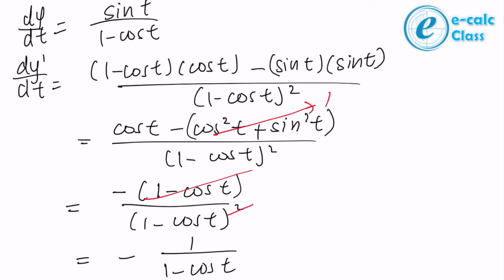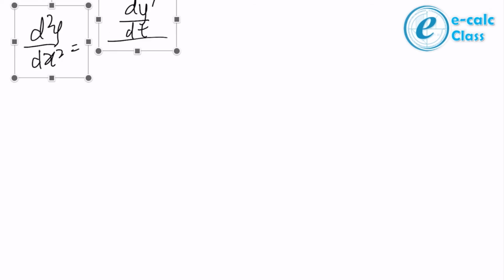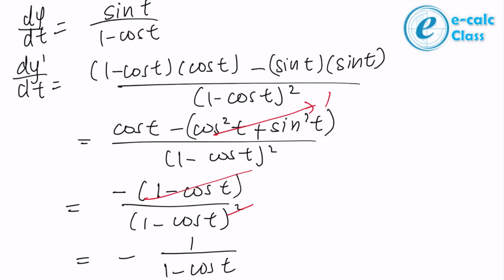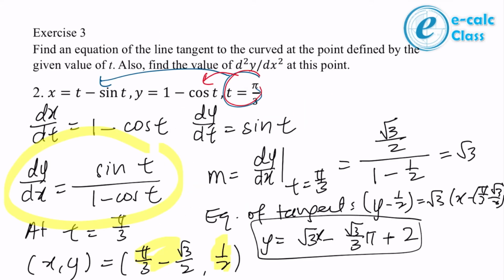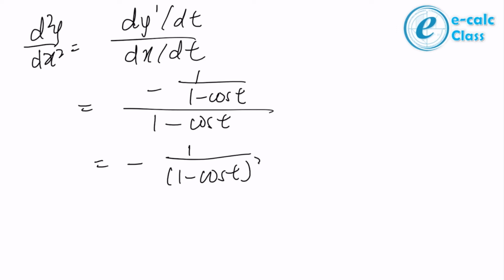Then what about the second derivatives? d2y/dx squared is d/dt of dy/dt, over dx/dt. d/dt of dy/dt was this one, right? Negative 1 over 1 minus cos t, over dx/dt, which is 1 minus cos t. Oh, very nice. So it will just be negative 1 over (1 minus cos t) squared.